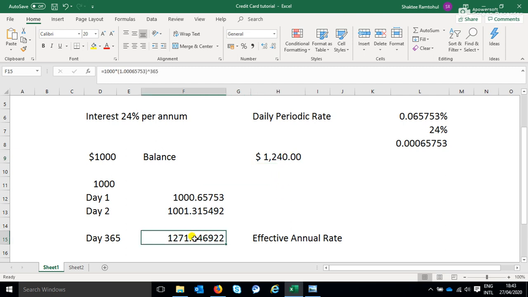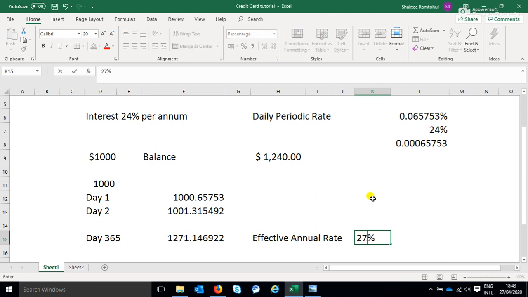In fact, you end up with a balance on your credit card of $1,271, which means, remember, if it was 24%, you would get the other figure, which means that the effective annual rate is 27.1%.